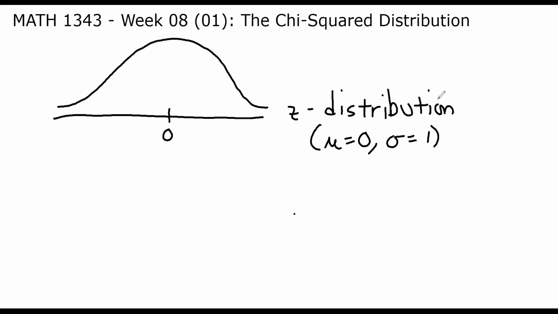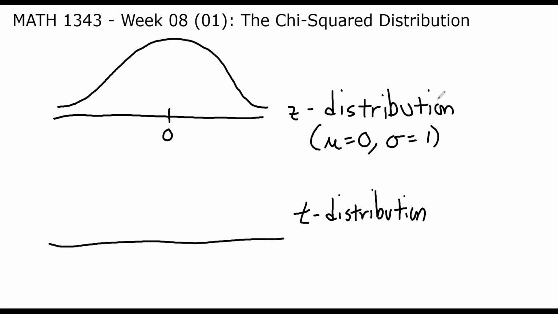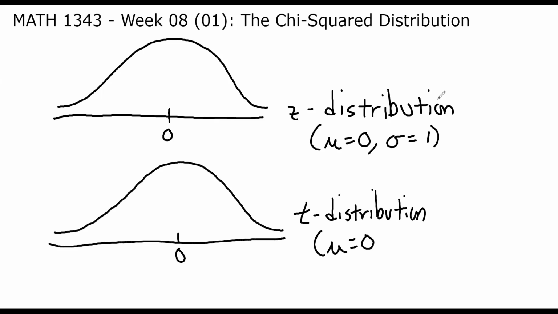And we've also seen the T distribution. The T distribution is kind of like the Z distribution in the sense that it is a bell curve and it has a mean of 0, but the standard deviation depends upon the degrees of freedom.